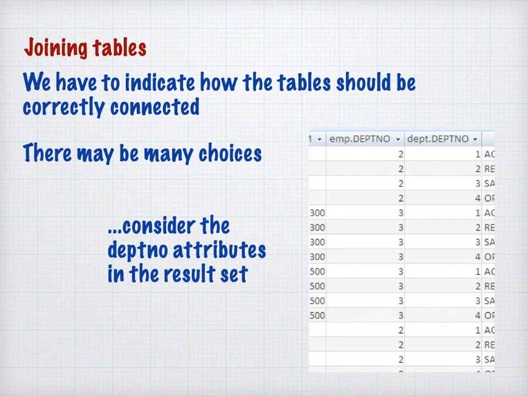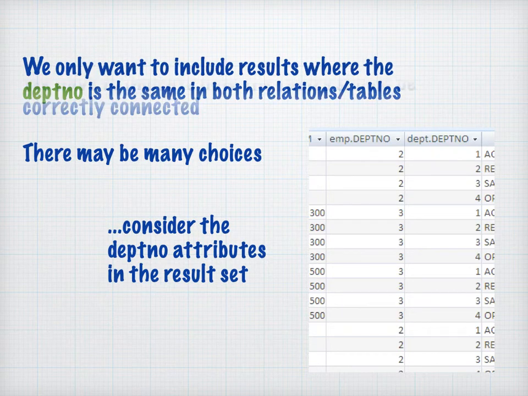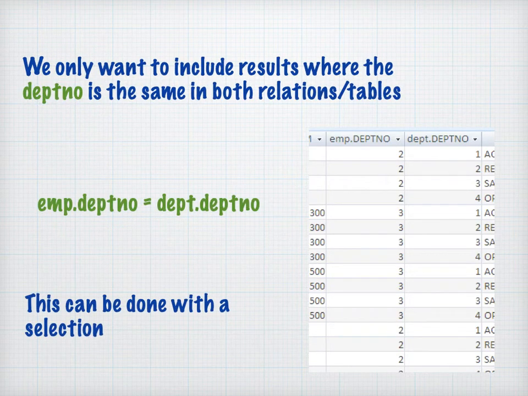Now, just to mention here, you'll notice there's a slight change in notation. Department number is in the emp table and department number is in the department table. That's a problem because when we combine these 2 tables together, we suddenly have 2 columns with the same name, and you may remember that we said inside a relation, columns must have unique names. So this notation is used if we have duplicate columns.